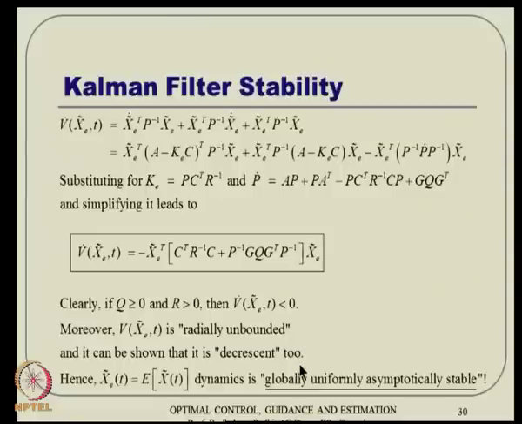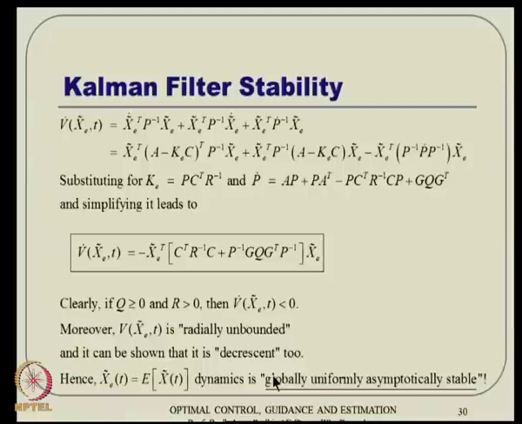So, the condition turns out that if V dot is negative definite, and on top of that V is radially unbounded and also decrescent, then it satisfies this global stability behavior, and hence we can claim that this particular x tilde(t) dynamics is globally uniformly asymptotically stable.